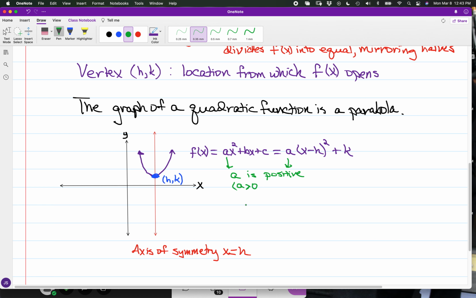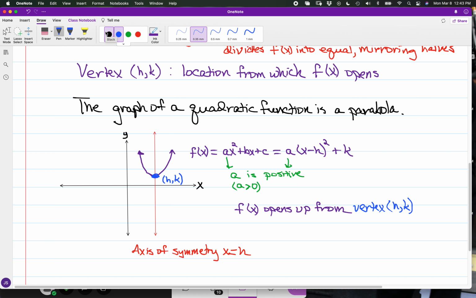And since a is positive, we do have that f of x opens upward, and it's going to open upward from the vertex. And I'll say something about the vertex itself.